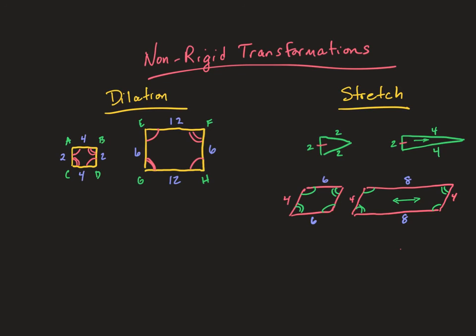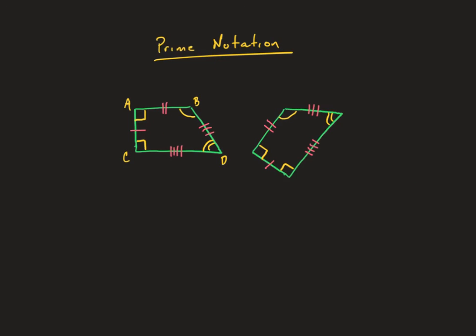So those are the different types of transformations that we've been dealing with. And one last thing to add when we were talking about transformations will be our prime notation. What this is used to indicate is that a figure has undergone a transformation. So in this case, this image is from earlier in the slide, where maybe we have A, B, C, and D. As we have this new figure, we're going to have A prime, B prime, C prime, and D prime.